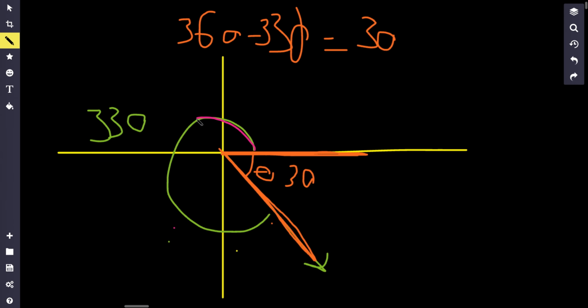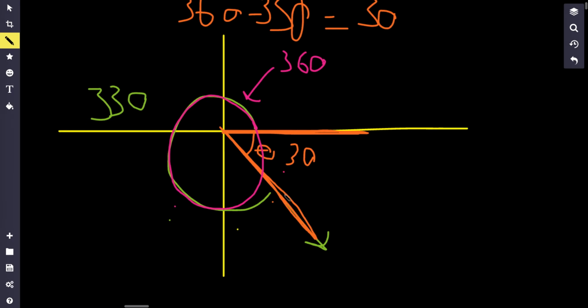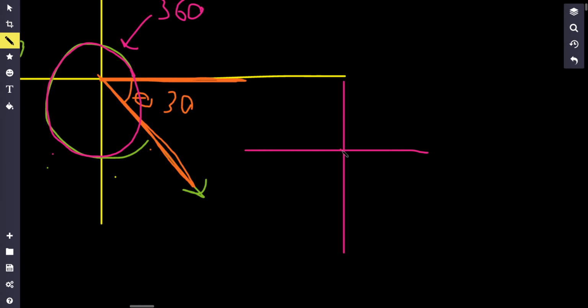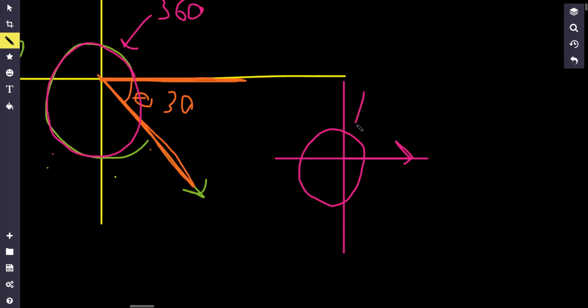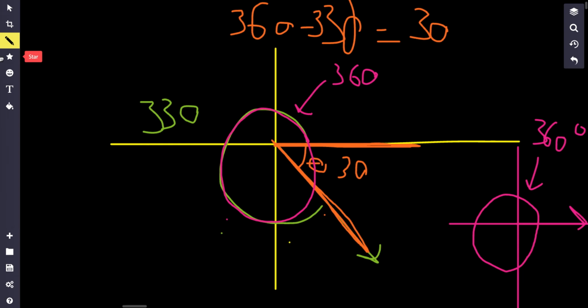If I have an angle, say a 45 degree angle, and I move this terminal side all the way around the unit circle one time, this whole thing represents 360 degrees.